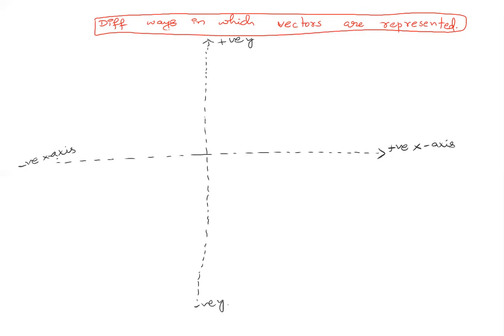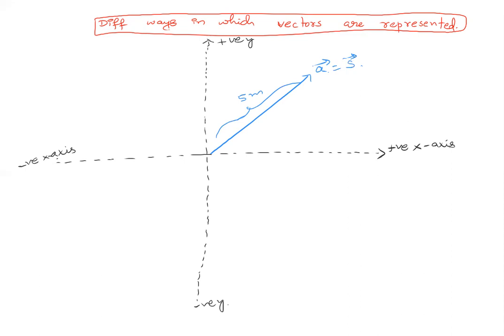Now, how do you usually represent a vector? Let us say there is a vector whose displacement is 5 meters. It is some displacement vector, let us say s bar.